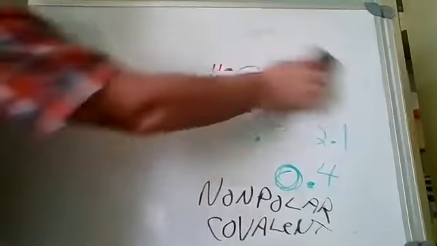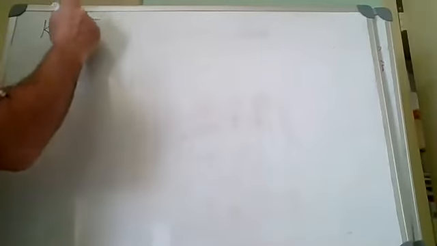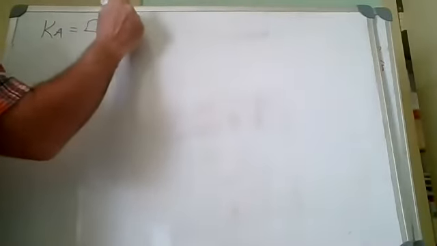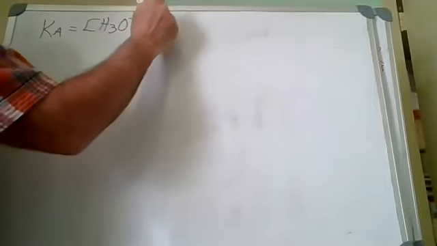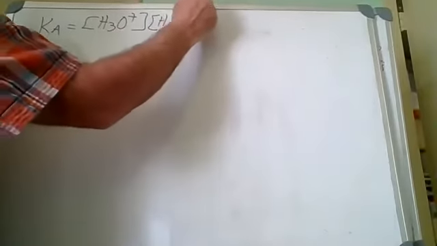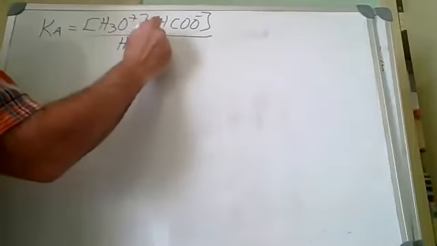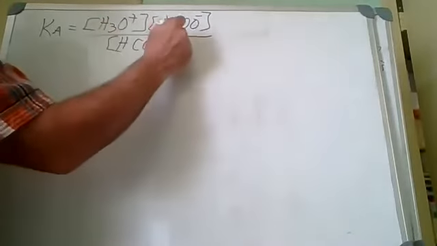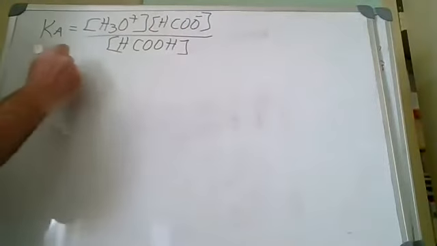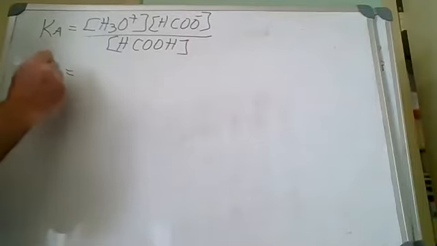So we'll leave that ice table up on the other one. All right, so it's on the screen there. So Ka equals the H3O plus times the formate anion divided by the concentration of the free acid. From our ice table, we can plug in the values here.